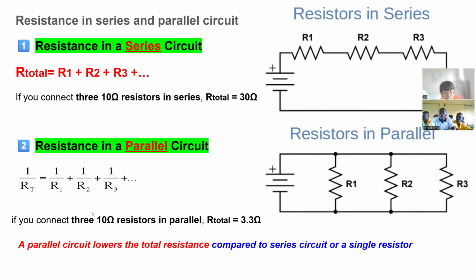So if you have three 10 ohms resistors, the same ones, but in parallel, then 1 over R total equals 1 over 10 plus 1 over 10 plus 1 over 10, which equals 3 over 10.